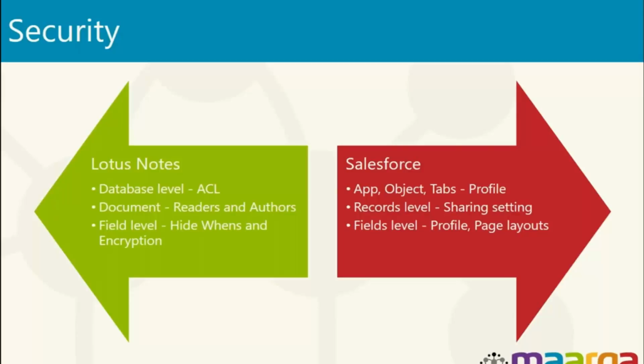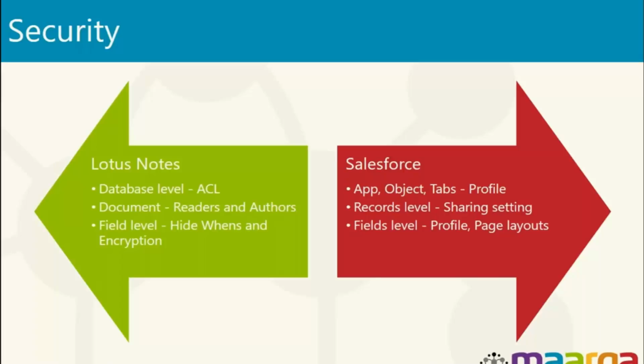And then, of course, you can go down to the level of a form or a view or basically any design element. You could control access to those. You could have a document level access control where you have your readers and authors fields, which control, at a fine grain, whether a particular document can be viewed by someone or edited by someone. And it goes all the way down to an individual field.